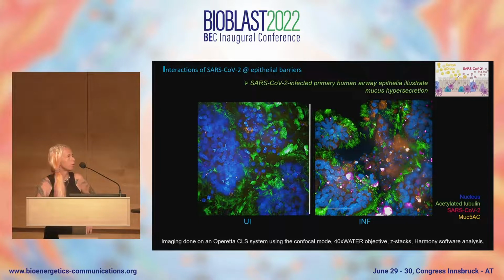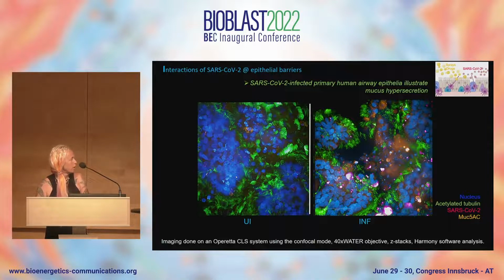pictures from those publications. So here we infected the air-liquid interface model with SARS-CoV-2, and of course always compared it to uninfected cells. Here you can see the nice intact epithelial layer with mucus-producing cells in orange, with cilia in green, while in the infected cultures you can see big holes which is caused by tissue destruction.